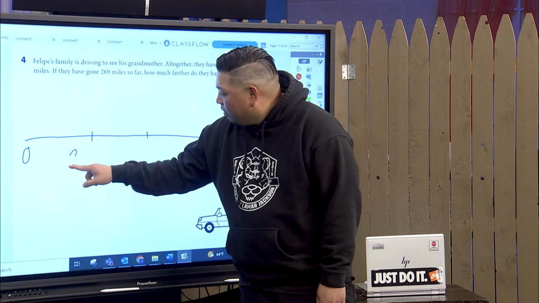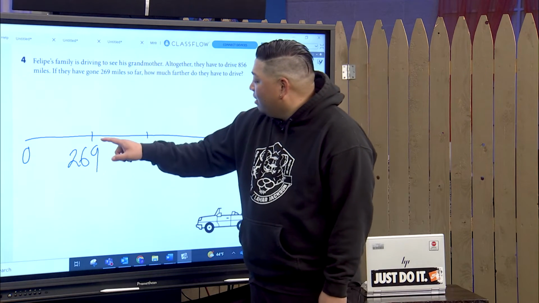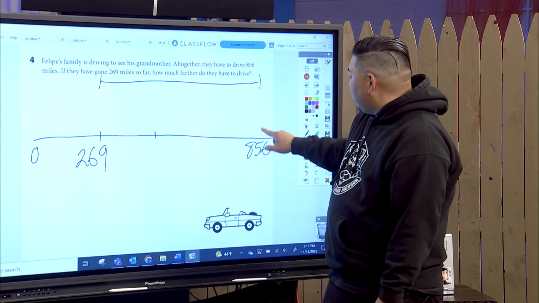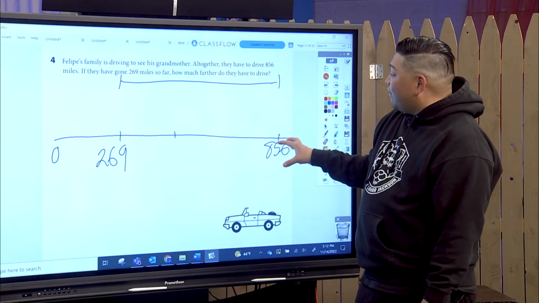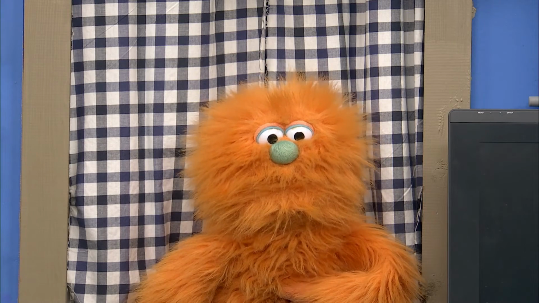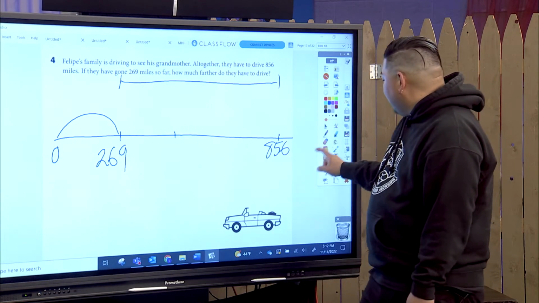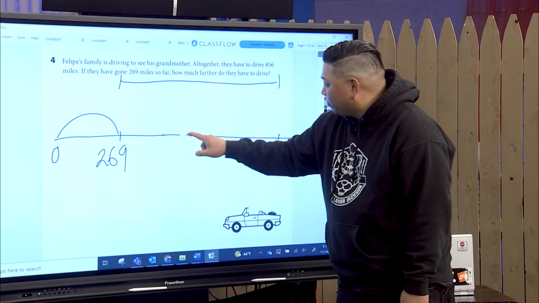We're just estimating here. So we have 269, and what we need to figure out is how much is from 269 to 856, the rest of the trip.